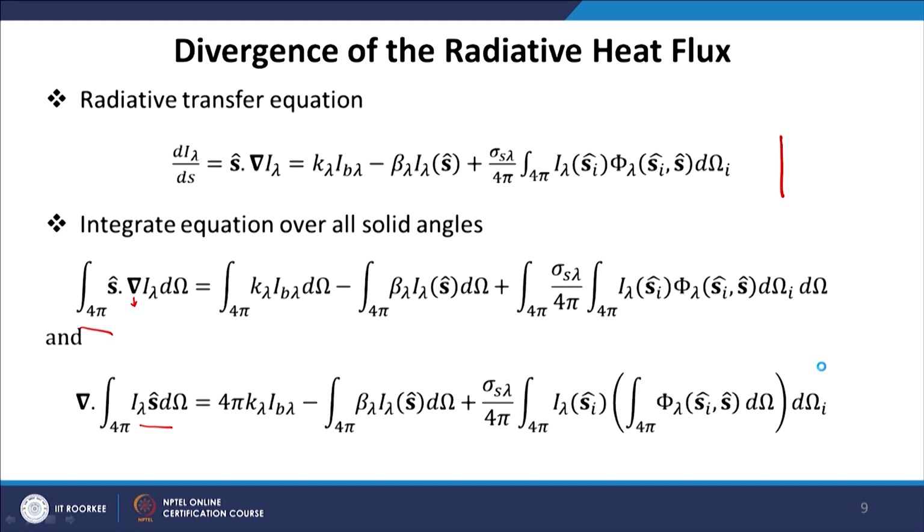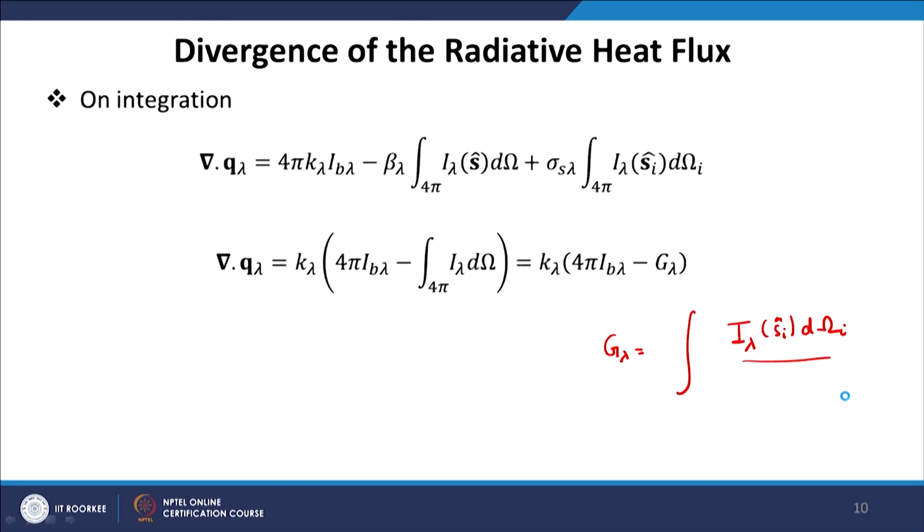So, simplifying this equation in terms of G, we get the first term, the emission term, is 4 pi kappa lambda I B lambda, and this is the absorption term and this is the scattering term.